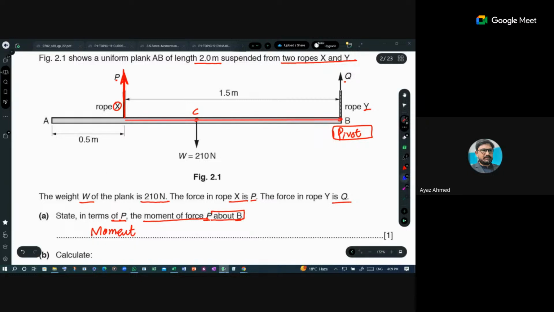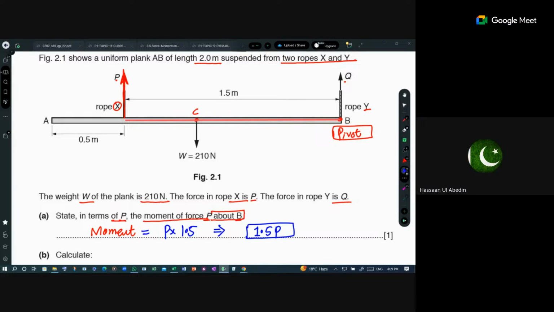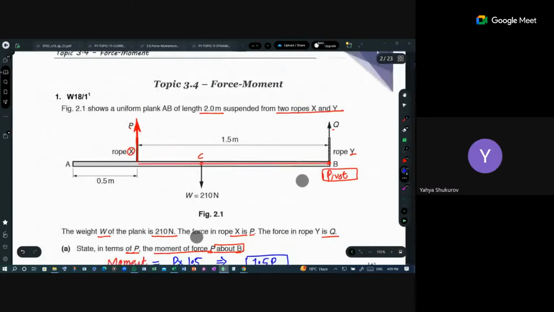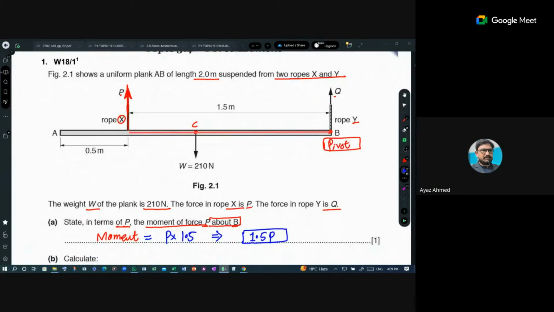So this moment is equal to P times 1.5. You can say it is 1.5 P. Got it? Are you agreed? Yes, sir. Is it clear, beta? Yes. Okay, so if you have any question during this question explanation, please let me know that.